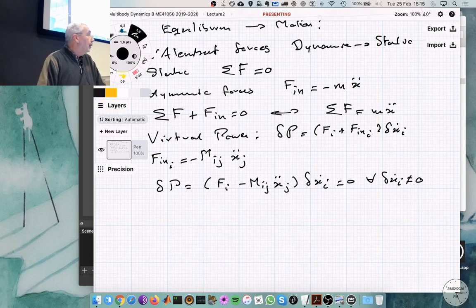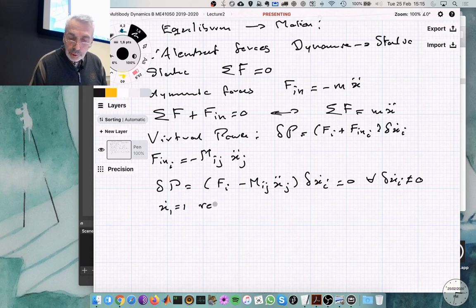So, for instance, you take x dot 1 is 1 and the rest is 0. If you put that virtual velocity in the equation, what is the result? Then I get the following equation: F1 equals m1j times x double dot j.